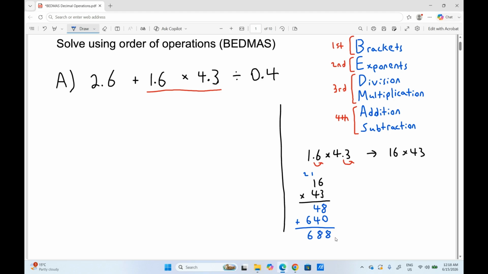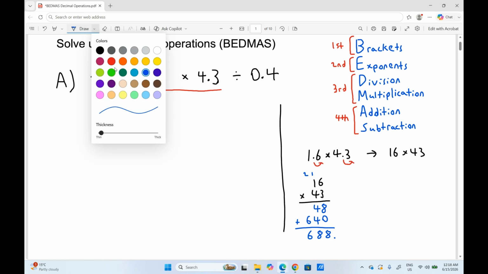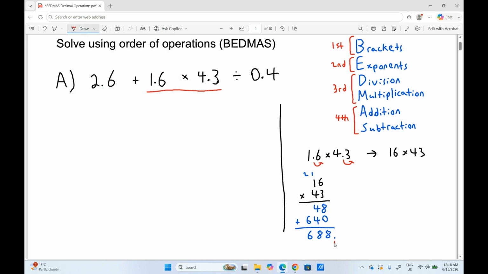Now the rule I have is, because I moved the decimal place once and then another time to the right, twice in total, I'm now going to move the decimal place 2 times back the opposite way. After I computed my multiplication, I move the decimal place 2 times back to the left.